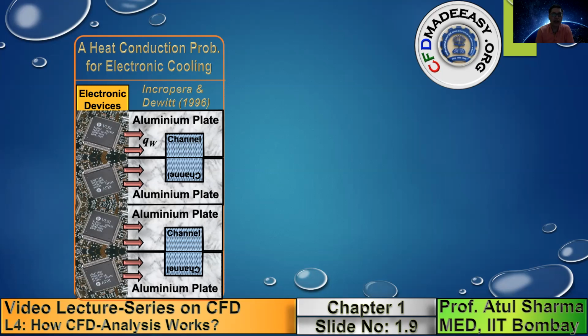For better heat dissipation, a microchannel or groove is provided inside the aluminum plate. This is the channel corresponding to the upper half of the aluminum plate, and this is the lower half of the aluminum plate along with the channel. Note that the channel is on the lower part of the upper aluminum plate and on the upper part of the lower aluminum plate.